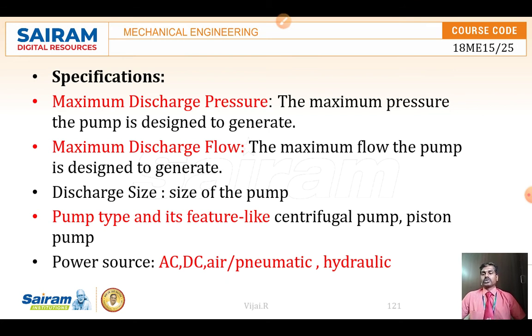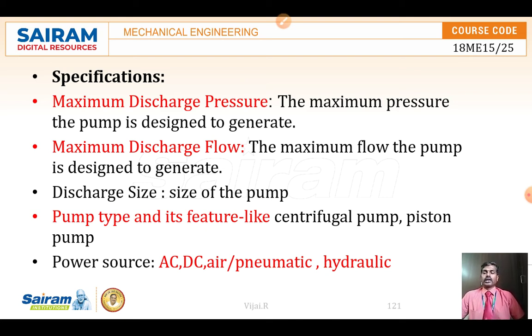And before going to that, the specification: if you want to get a pump, we have to purchase a pump. The main specification required is the maximum discharge pressure, how much pressure it can withstand. Each and every pump is designed for a particular pressure, so that is a very important thing in the specification.